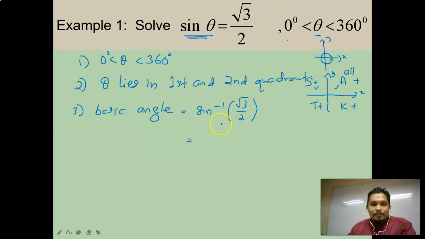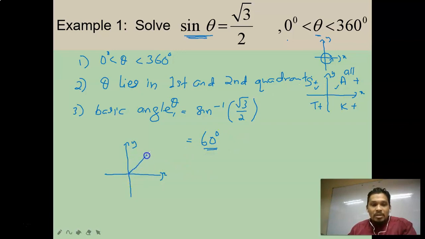To find the basic angle of theta, from sine theta equal to square root of 3 divided by 2, we can press the calculator and find it using arcsine of square root of 3 divided by 2, which is equal to 60 degrees. Then, on the x and y axes, 60 degrees in the first and second quadrant.